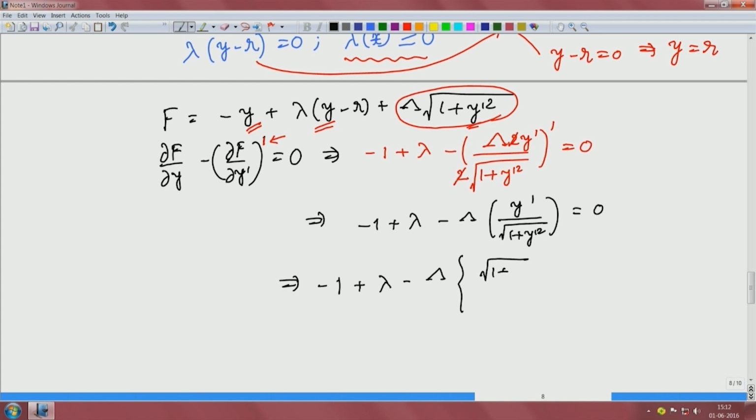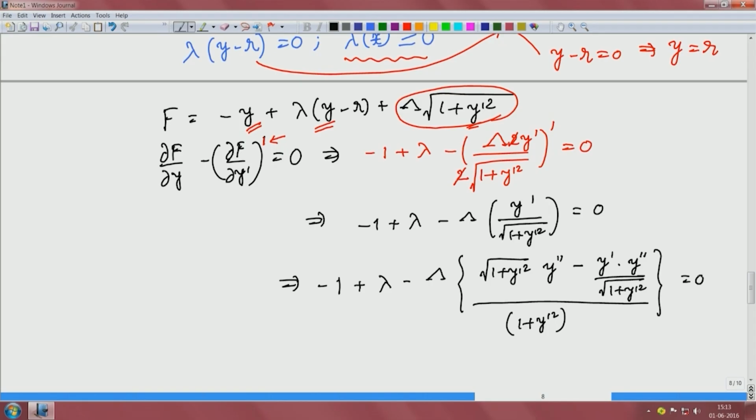That gives us the denominator times the derivative of the numerator, minus the numerator times the derivative of the denominator, divided by the square of the denominator, which becomes 1 plus y'^2, equal to 0.